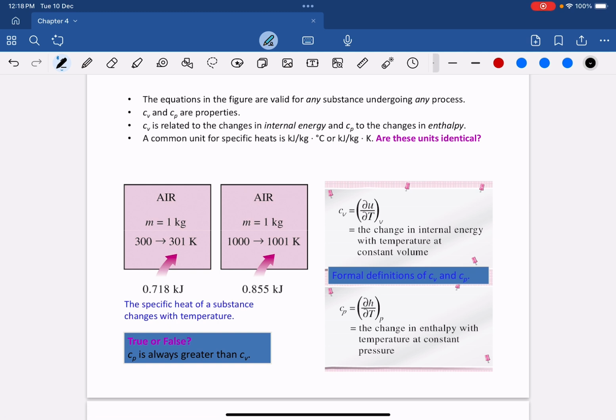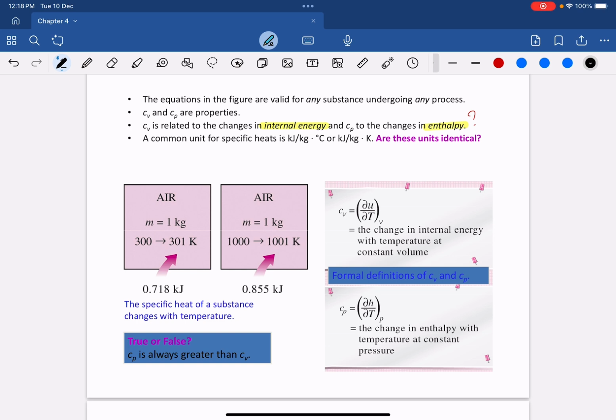CV is related to the changes of internal energy, and CP is related to enthalpy. Why enthalpy? Because when we are dealing with a constant pressure process, remember we have the boundary work. From the definition of enthalpy, actually I mentioned this in the lecture yesterday.